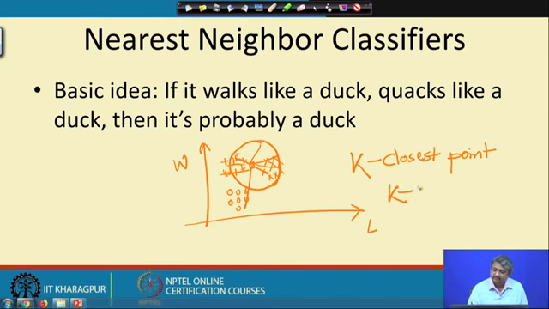And these k points I will call the k neighbors of this new point, or sometimes the k nearest neighbors.